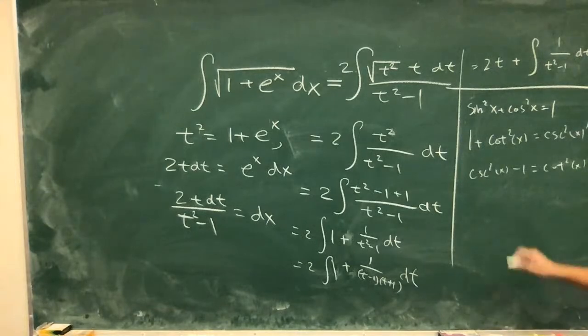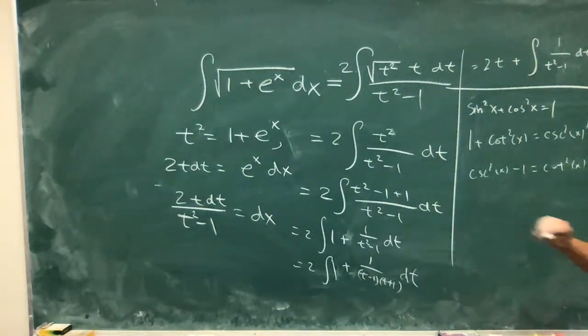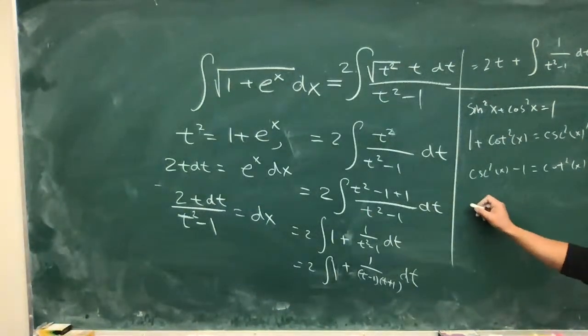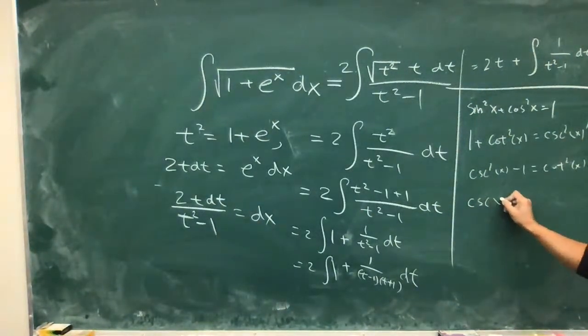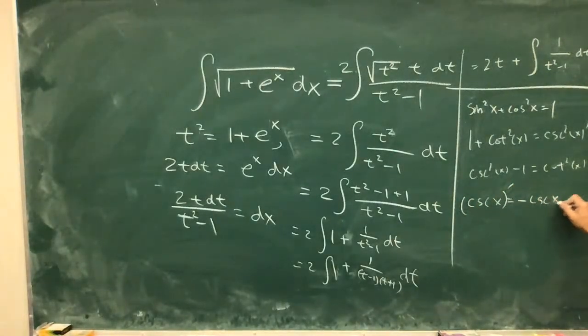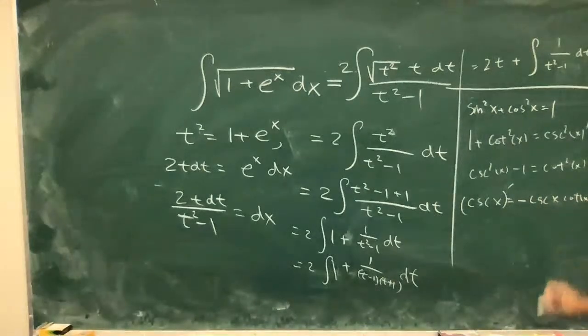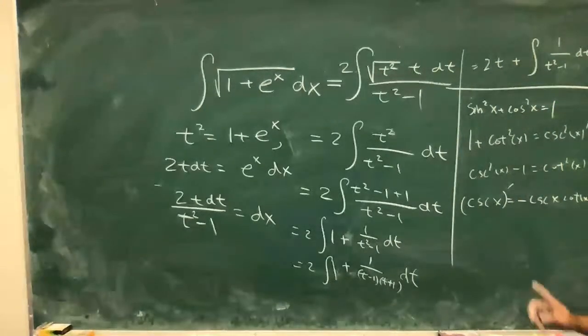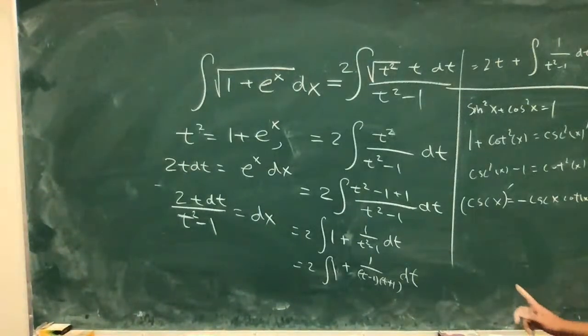And then, right, so then you can do that. And then the derivative of cosecant is negative cosecant cotangent. And then when you plug everything in, you end up with just secant. And then the antiderivative of secant is natural log of secant plus tangent.